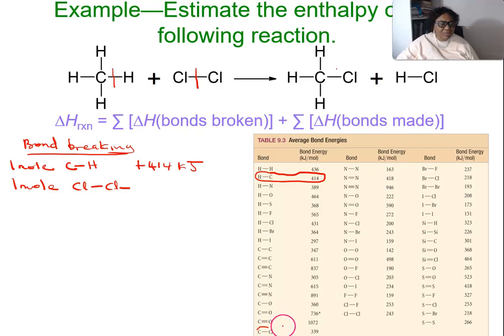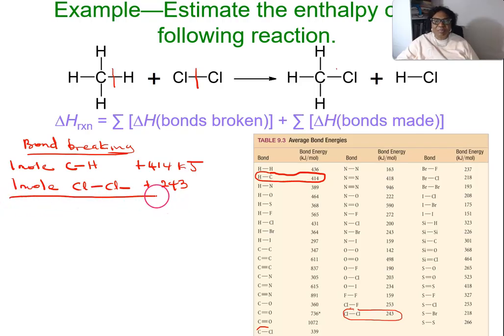No, we want chlorine-chlorine, sorry. This is chlorine-chlorine, which is plus 243.